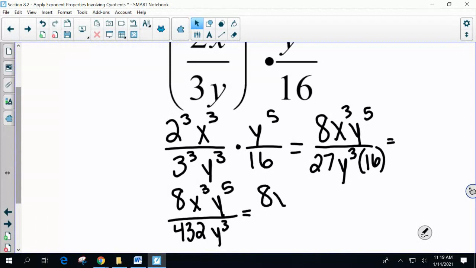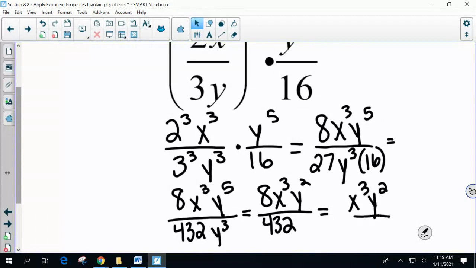So I'm going to have 8x cubed y squared over 432. The last thing is to see, can 8 over 432 be simplified? And 432 can actually be divided by 8. So I'm going to end up with x cubed y squared over, and when you divide 432 by 8, you get 54.